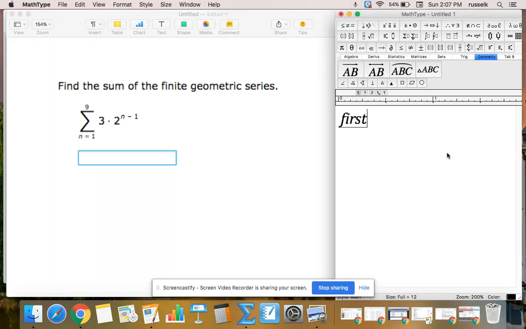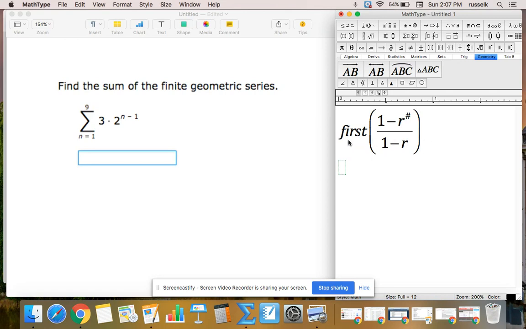Remember, the formula is the first term, so what we get when we plug in 1, times one minus the common ratio raised to the number of terms that we have, over 1 minus the common ratio.